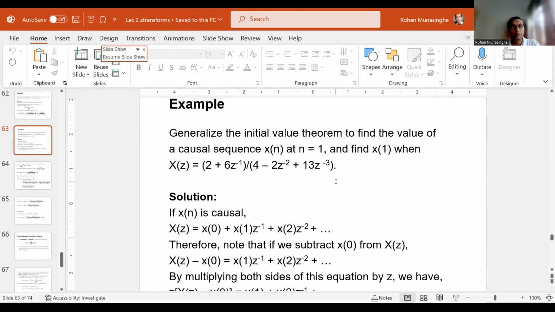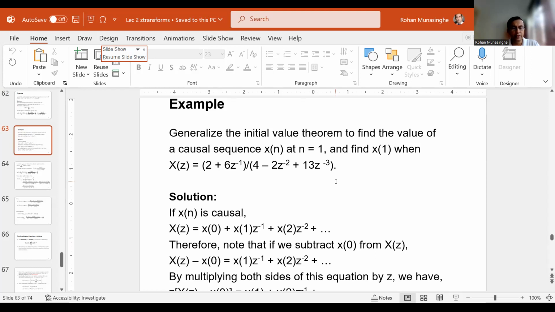Now, if you look at the technique and generalize it, you would understand that the same technique can be used with slight modifications to find out not only the initial value, I mean the first sample, but second sample, third, and so on. We can extend the theory to find other samples also.